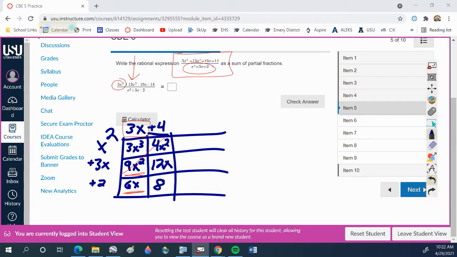Am I finished? No. I've taken care of this one. I've taken care of this one. I'm not finished, so I add a column. Okay. This box and this box and this box need to add to be 19x. How much do I already have? 18. How many more do I need? Just 1. And if this is an x, what goes on top? I can't do it.